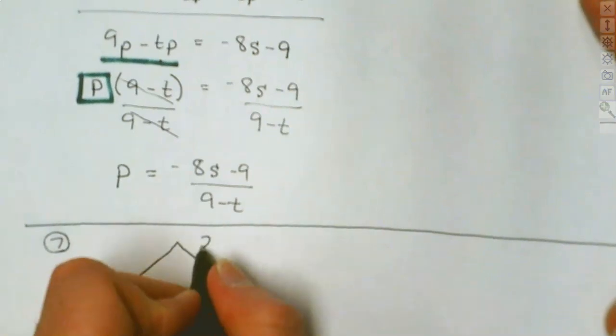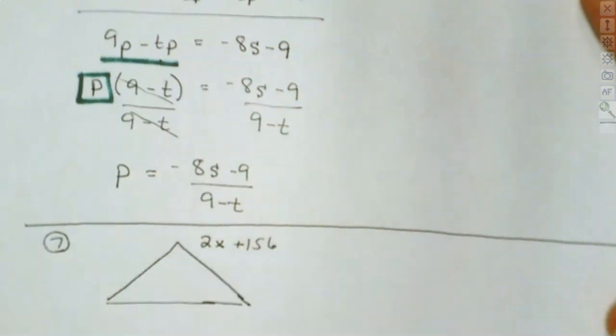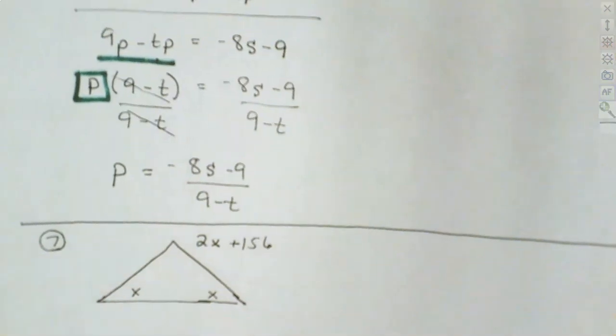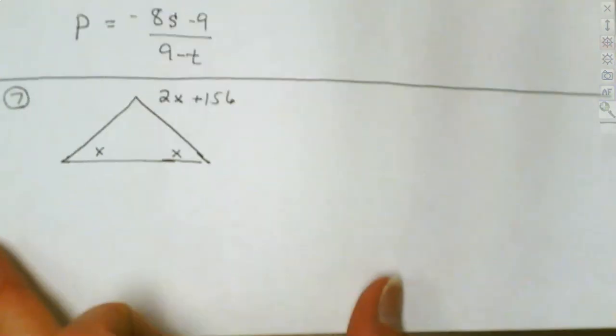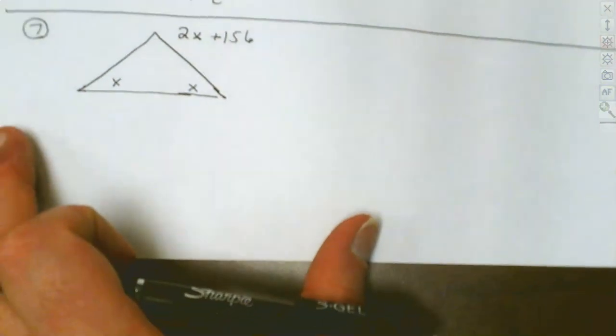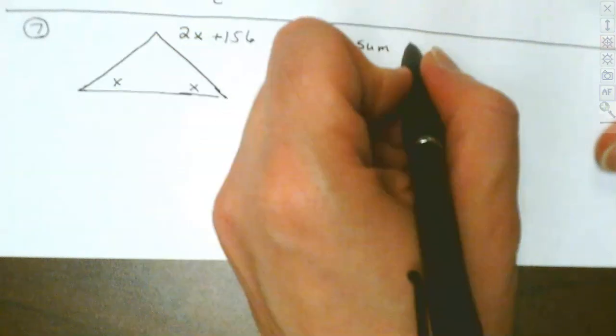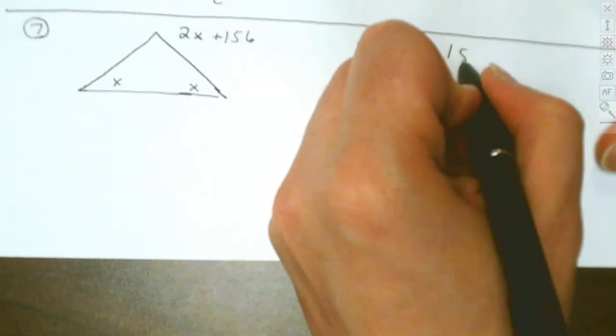So on question 7, we've got a triangle. And this is one that students don't struggle with. They just don't finish it because they get x, but x is not my final answer. It's only part of the answer. So what do we know about this triangle? We know that it has to sum to what? It's a triangle. Yep.